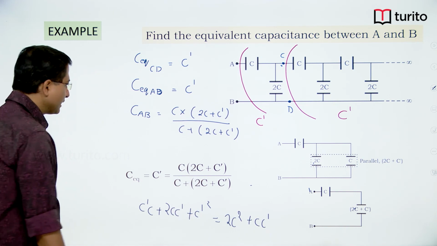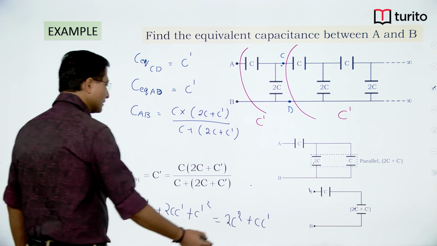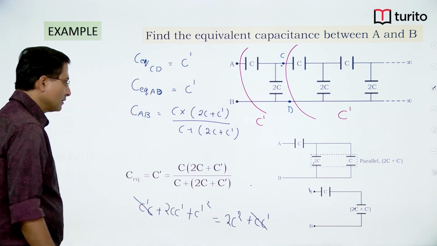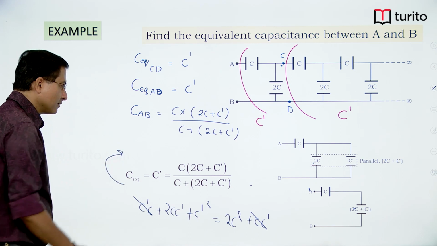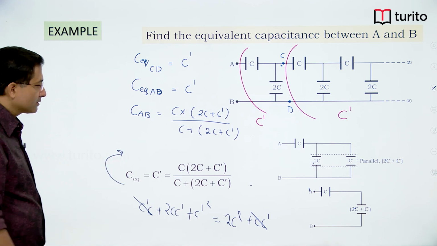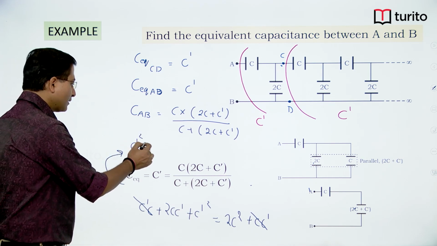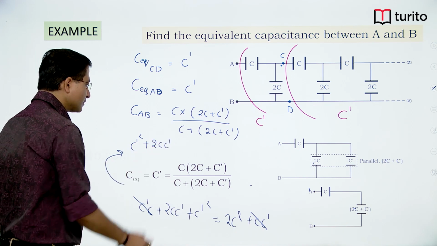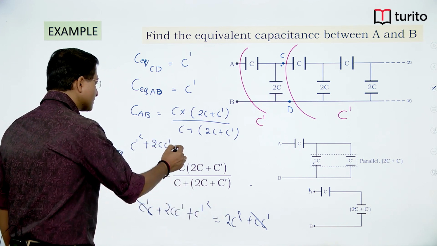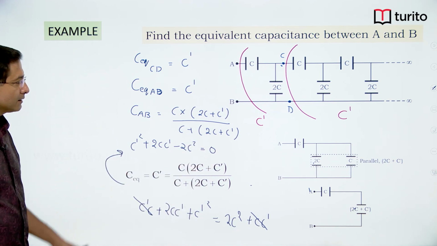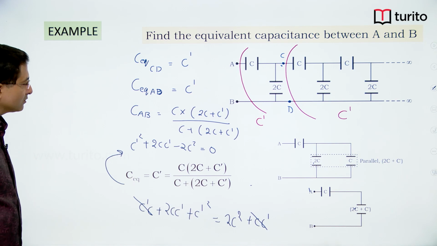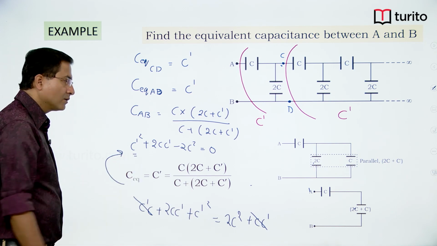So C dash here and C dash there, they get cancelled out, and the equation finally we are getting, I am writing it over here, there is no space, you can see C dash square plus 2C dash C minus 2C square is equal to 0, right. As you can see, quadratic equation, you can find out the root of this equation.